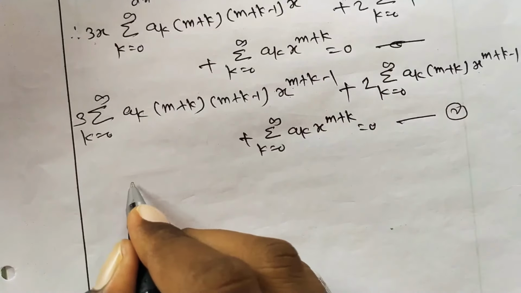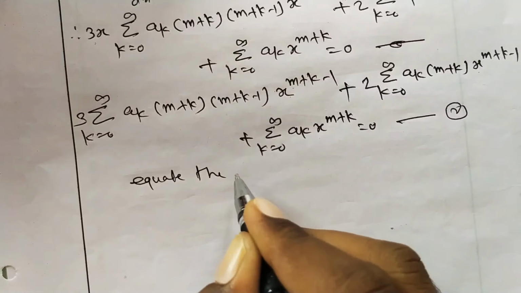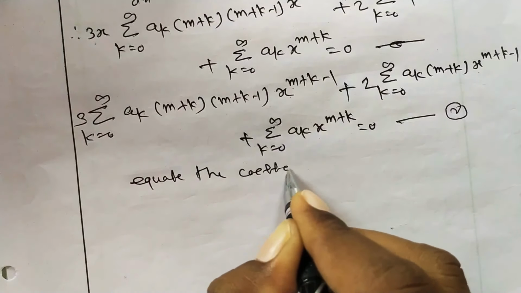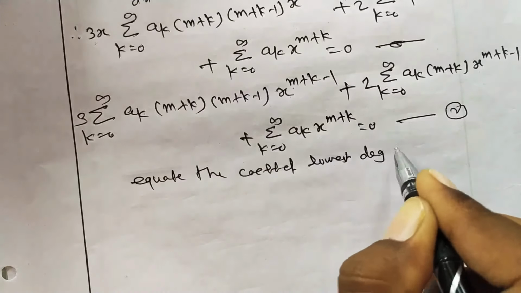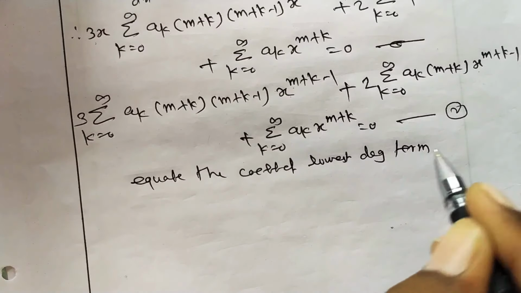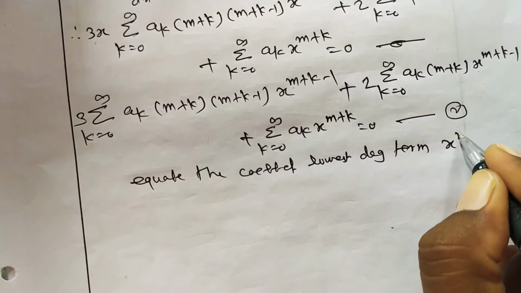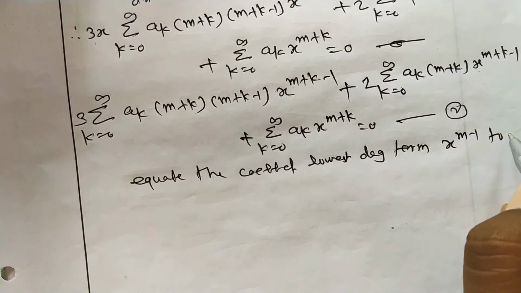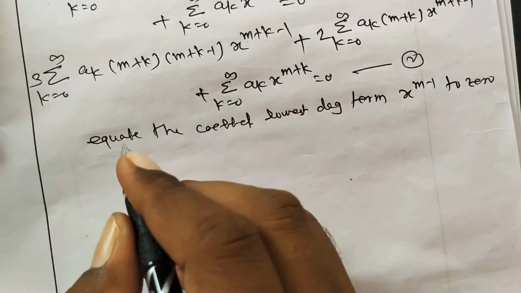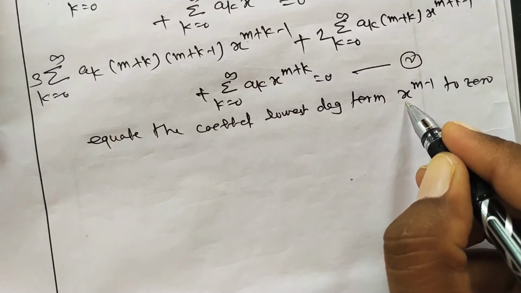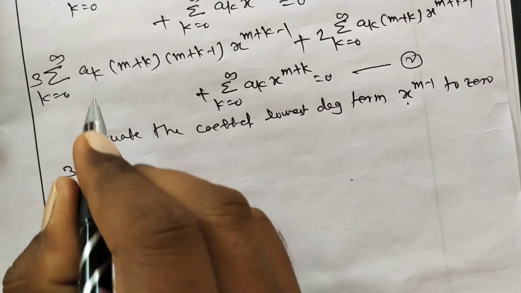So for the indicial equation we have to equate the coefficient of the lowest degree term to 0. The lowest degree term here is x raised to m minus 1, so we equate that coefficient to 0. The first one is 3.